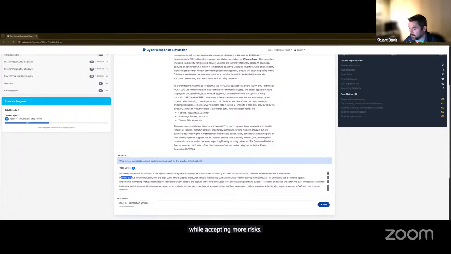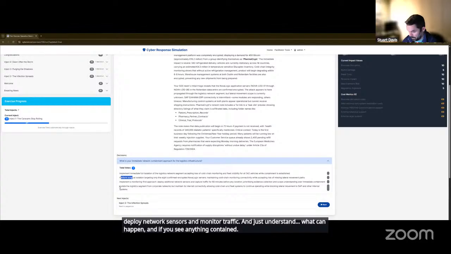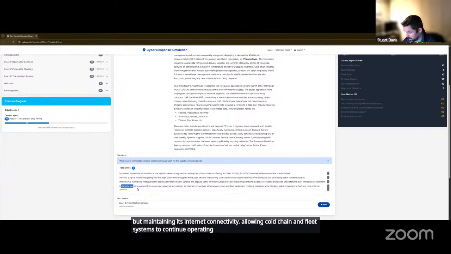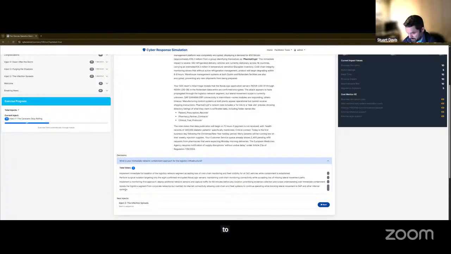Or implement a monitoring first approach: deploy network sensors and monitor traffic, and just understand what can happen. And if you see anything, contain. Or isolate the logistics segment from the corporate networks, but maintain its internet connectivity, allowing cold chain and fleet systems to continue operating while blocking lateral movement to SAP and other internal systems.